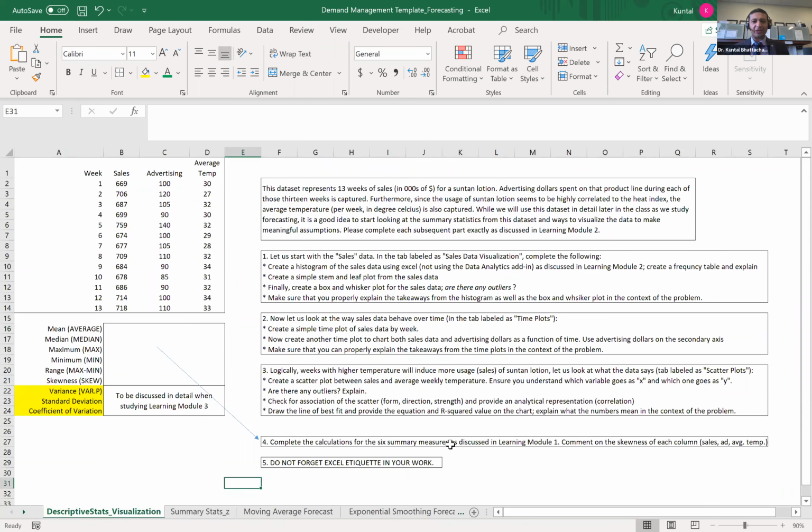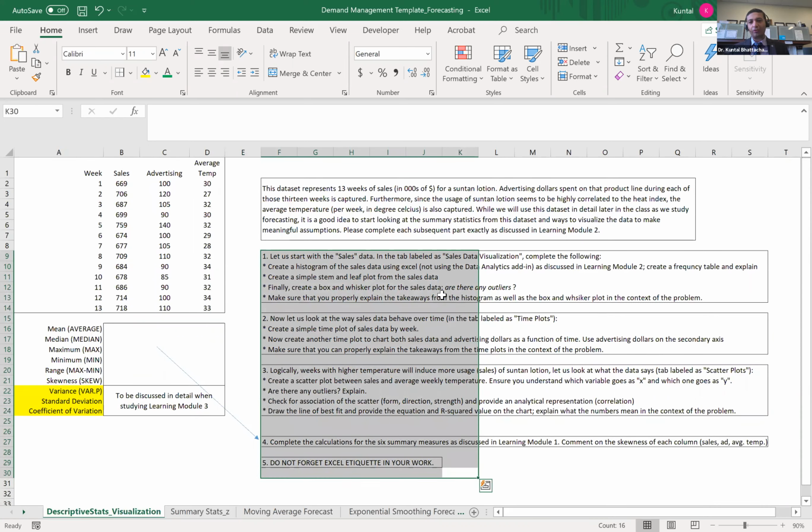Descriptive stats visualization, you would want to clean up all of this because this was a question. This was essentially assignment 2B, I believe, for you guys. And so you already have that assignment in place.